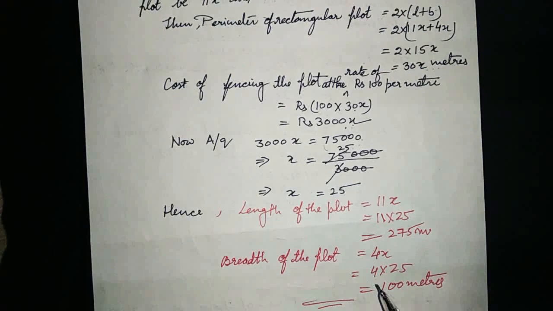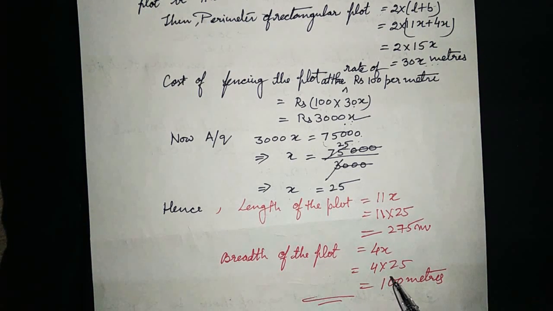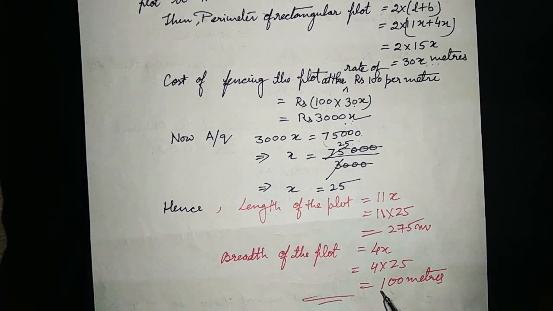So 4 into 25 is equal to 100 meters. 25 fours are 100, so 100 meters.